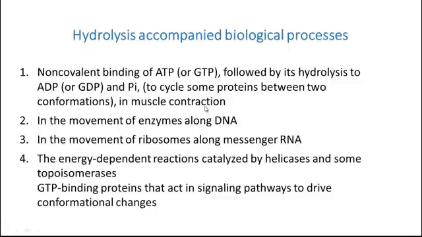The second example is the movement of enzymes along DNA or the movement of ribosomes along the messenger RNA, or the energy-dependent reactions catalyzed by helicase enzymes or some topoisomerases, and the processes carried out by the GTP-binding proteins that act in signaling pathways and play their role in conformational changes.